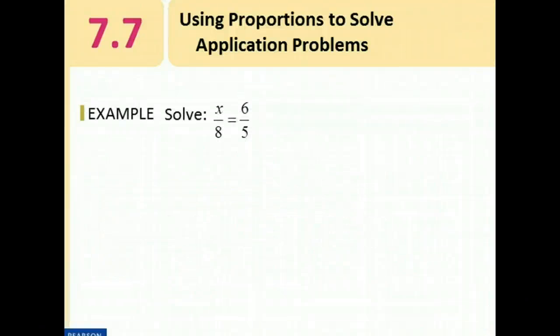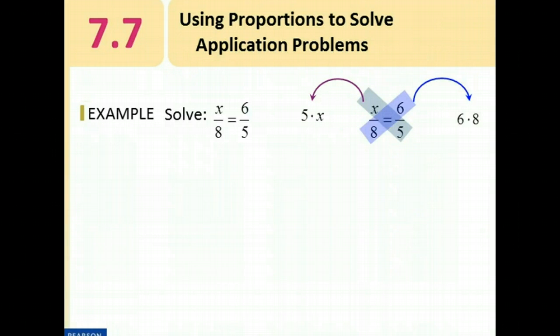To solve this proportion, we first find the cross products, which we find by multiplying diagonally across the equal sign. So one of the cross products of this proportion is 5 times x. The other cross product is 6 times 8.